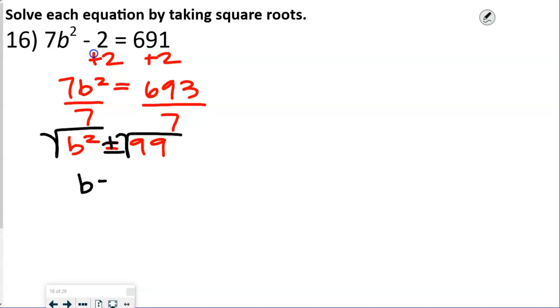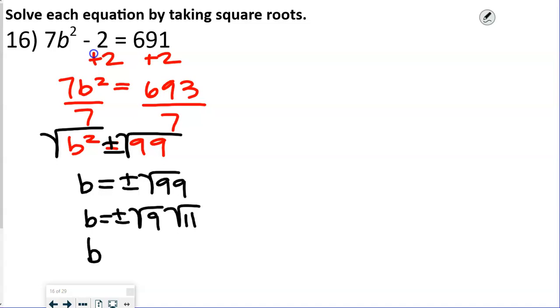So b is equal to plus or minus the square root of 99. And we can simplify this to be b equals plus or minus the square root of 9 times the square root of 11, right? Which is 3 square root of 11. So plus or minus 3 square root of 11 is our answer.